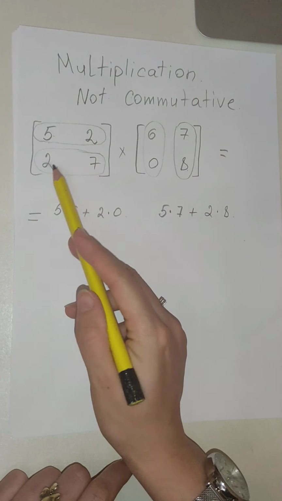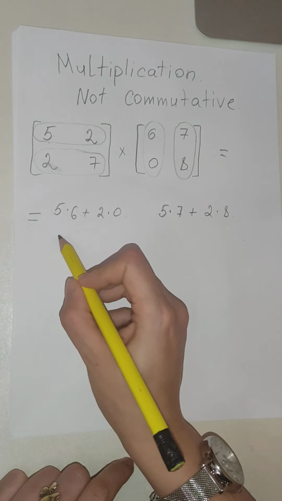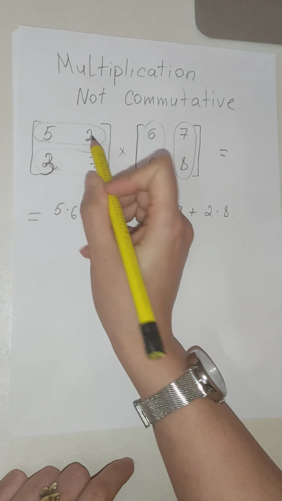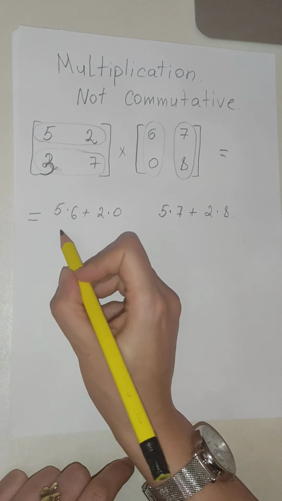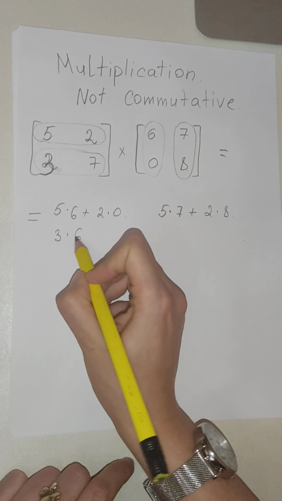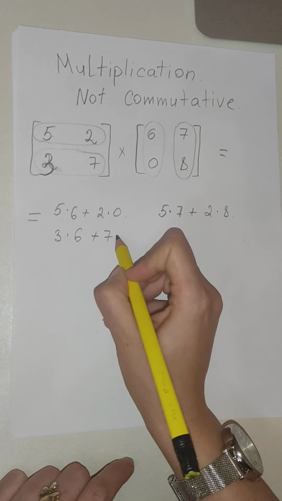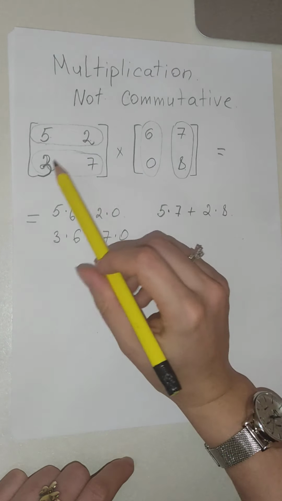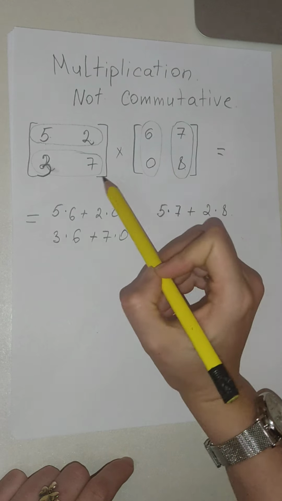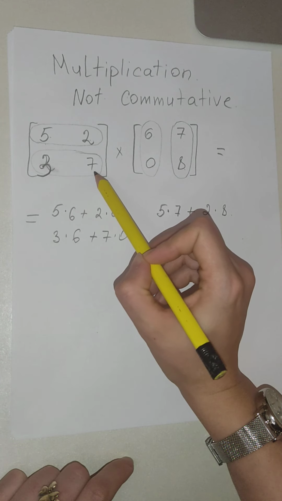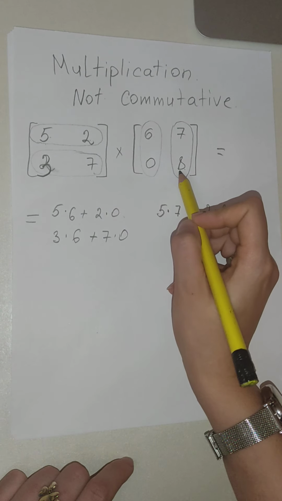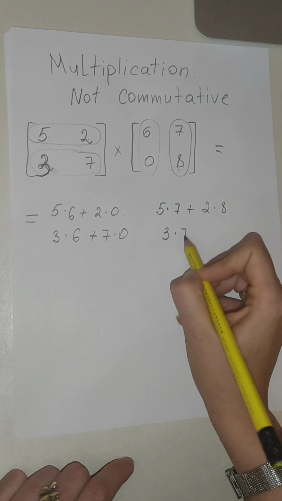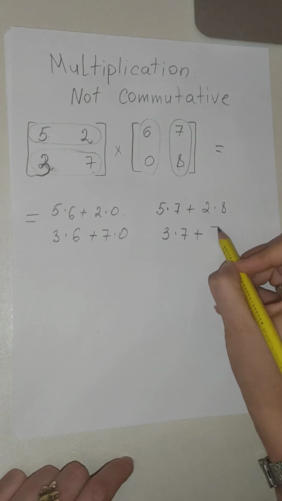Let it be 3. Okay, because 2 is here, and let it be 3. 3 times 6 plus 7 times 0, and 3 times 7 plus 7 times 8.